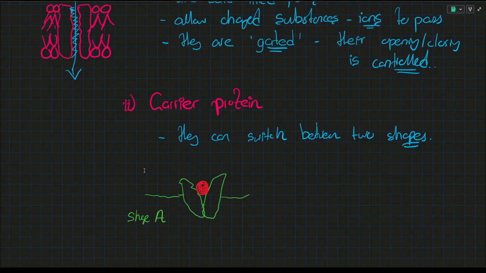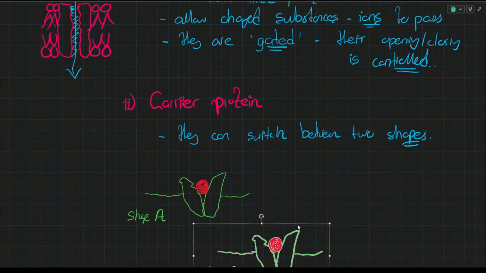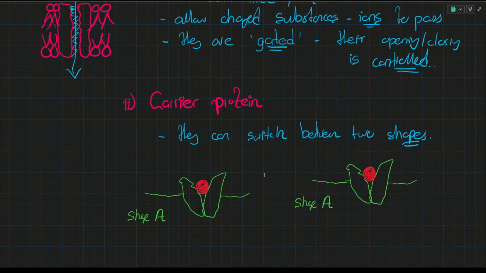I'm sorry, carrier protein. I'm wrong, not channel, carrier protein. And then this is going to open to scenario B or shape B. Shape B. Okay. Now this carrier protein is going to flip its shape, meaning it's going to change like this.